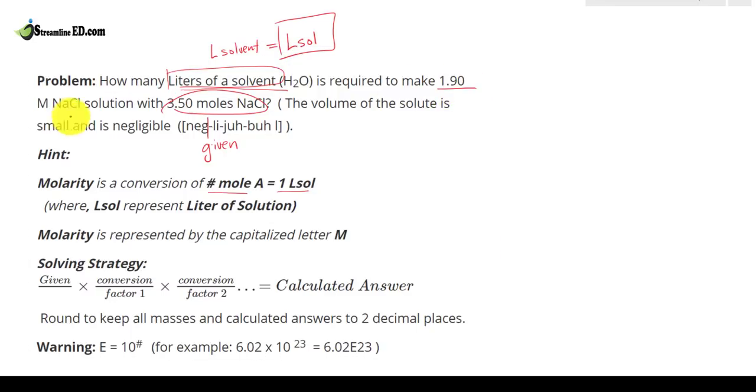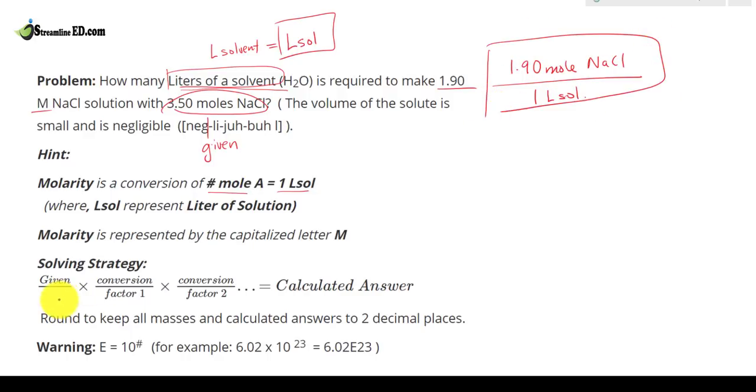We have 1.9 molarity of NaCl. That is best written as 1.90 moles of NaCl divided by how many liters of solution? By definition of molarity, it is always 1 liter of solution. Now, this is our conversion factor. So let's use this and solve it.